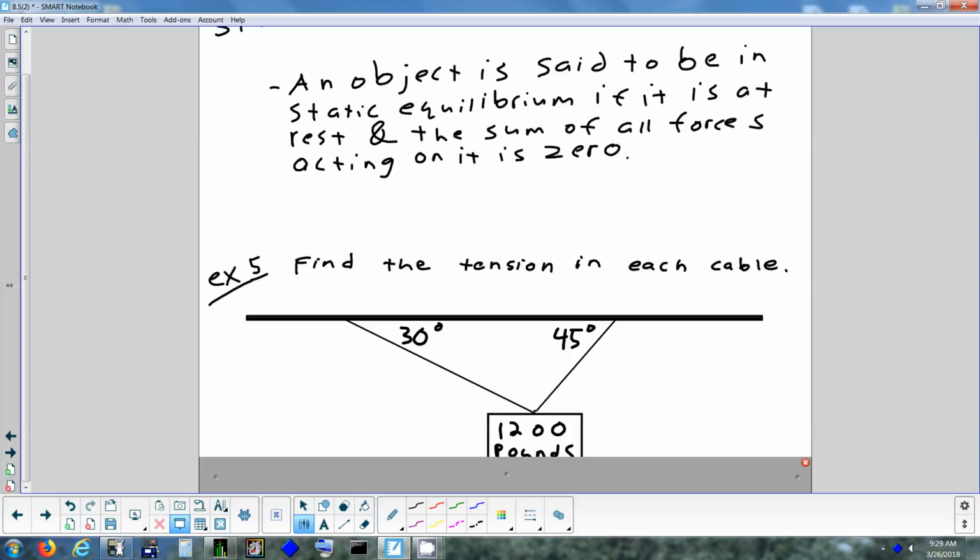Half the weight would be in one, half would be in the other. What complicates it here is that the cables are at different angles and they're different lengths. So once you make the cables different lengths, the tension in each cable is not necessarily the same. And the tension can add up to more than the actual weight of the object.